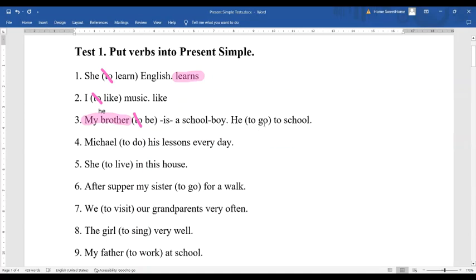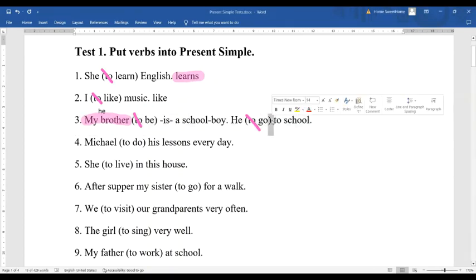Now let's look at the verb go. What happens here? He again, third person singular. Let's look at the grammar. First, we remove to and we add, right, es.